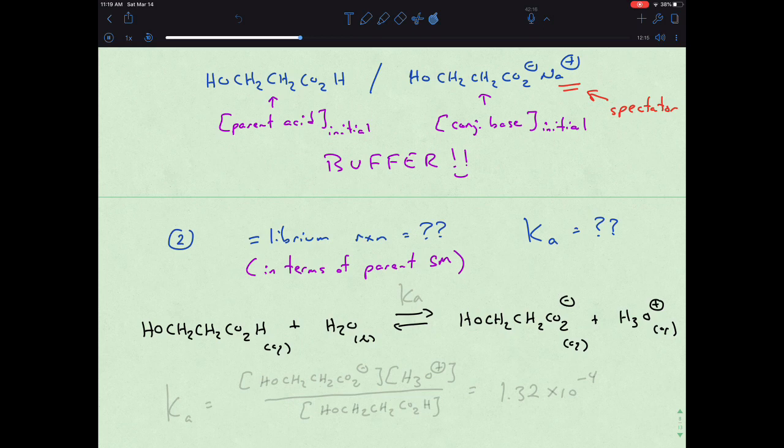We have our equilibrium reaction, and that defines what our Ka is equal to. The Ka would be our products, the glycolate and the hydronium, in the numerator, all over our starting parent acid.